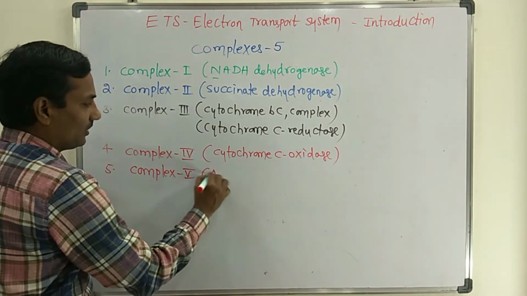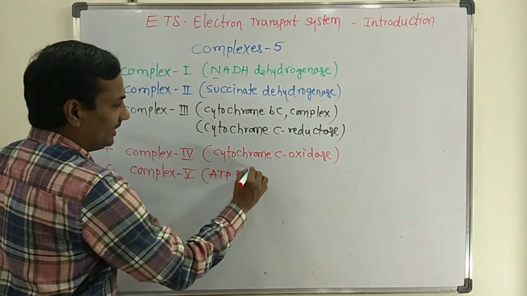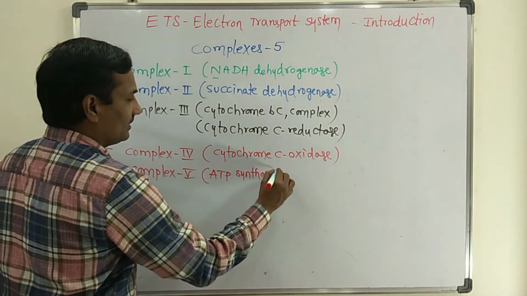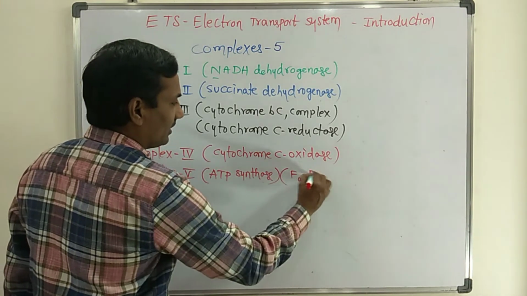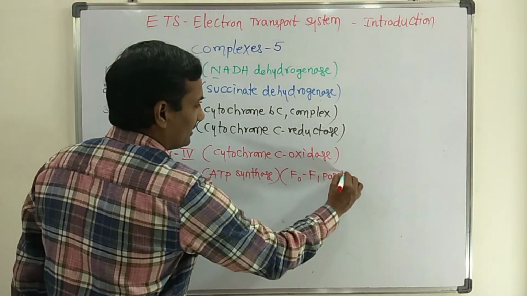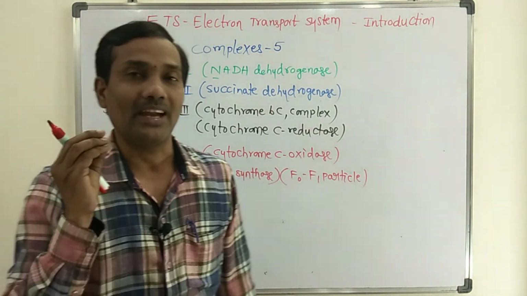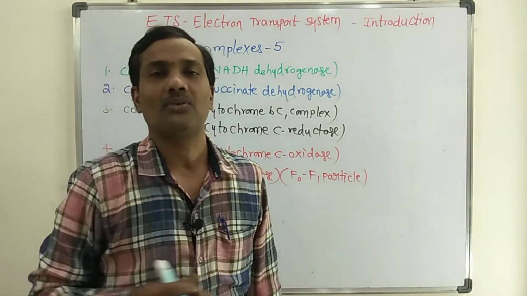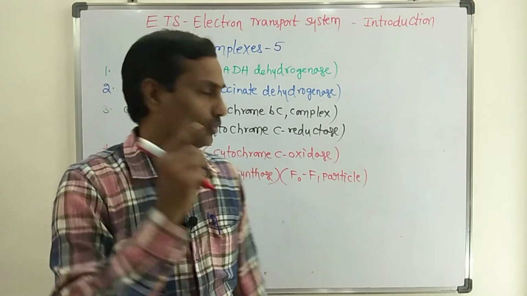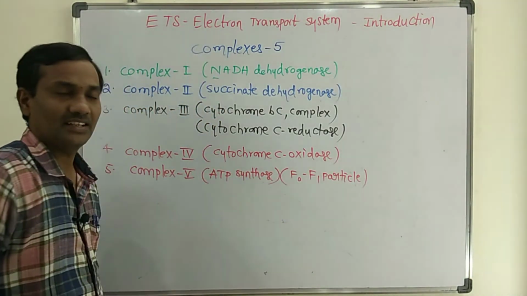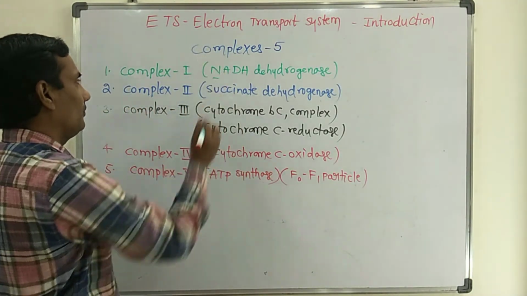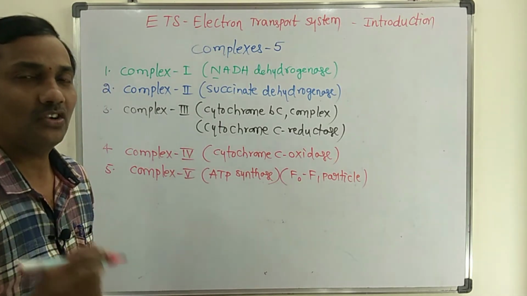This is otherwise known as ATP synthase. It consists of F0, F1 particles that help in formation of ATP because of transport of 2 protons through the ATP synthase enzyme.